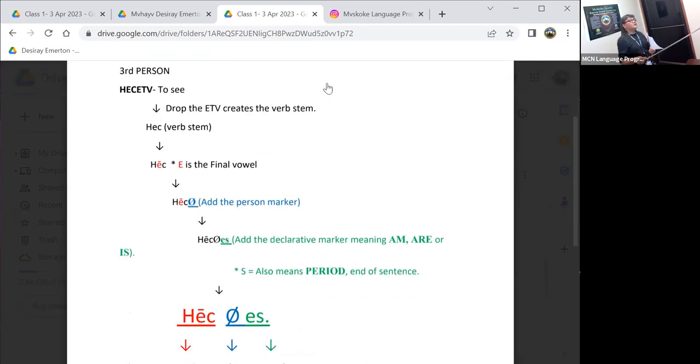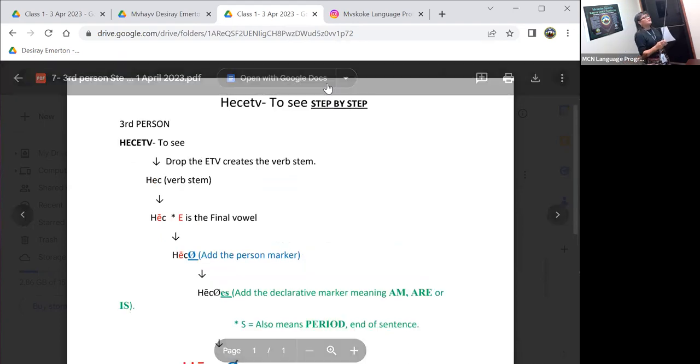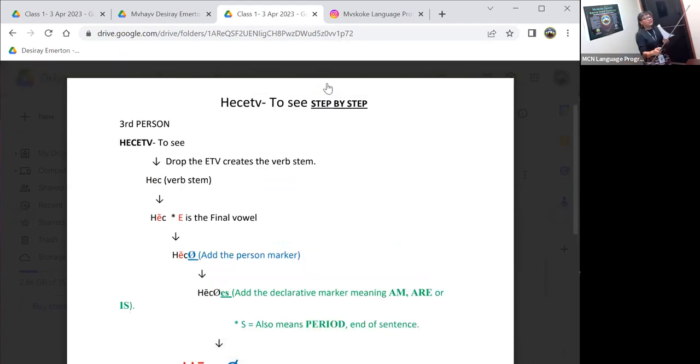All right, so step by step is to see, hijada, sorry, hijada. I'm trying to remember the pronunciation. You get your same sheet out, and you drop the ETV, you get the verb stem, HEC.